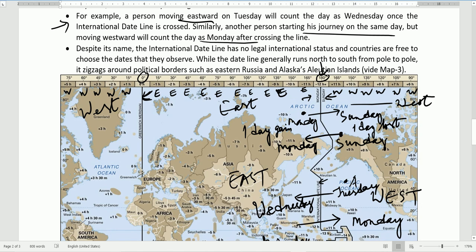And the last point: despite its name, the international dateline has no legal international status, and countries are free to choose the date that they observe.